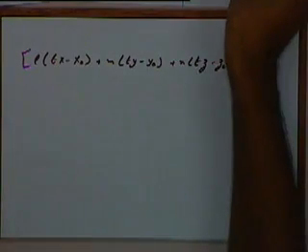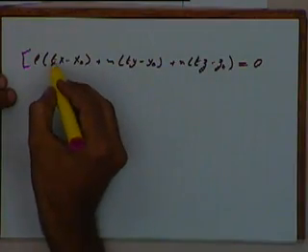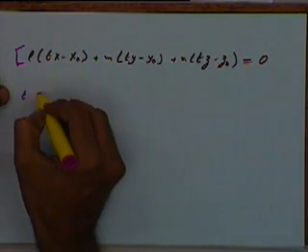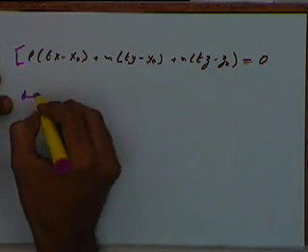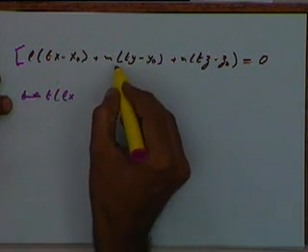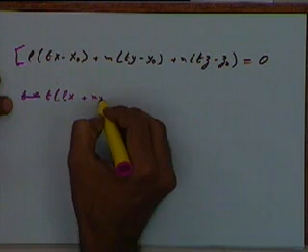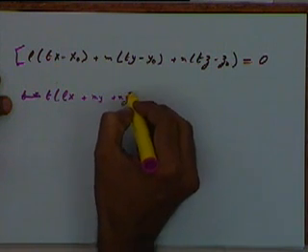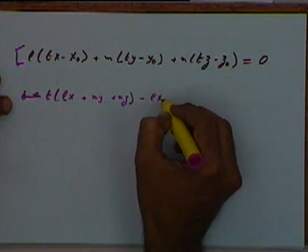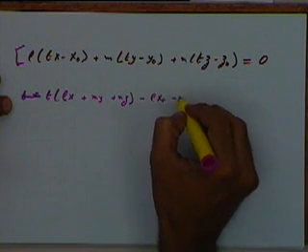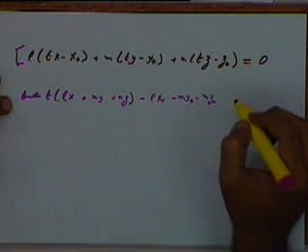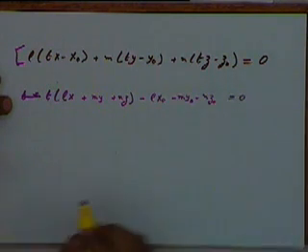So now if I find out the value of t from this equation, I will get t. Or let's do it step by step: t times (Lx plus my plus nz) minus Lx naught minus my naught minus nz naught is equal to 0.